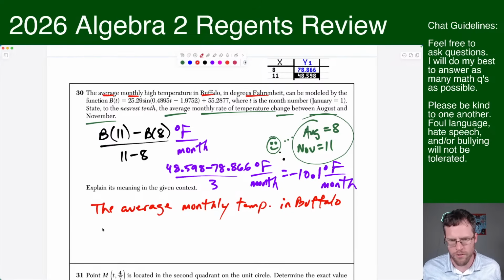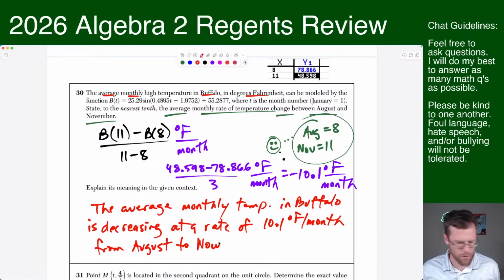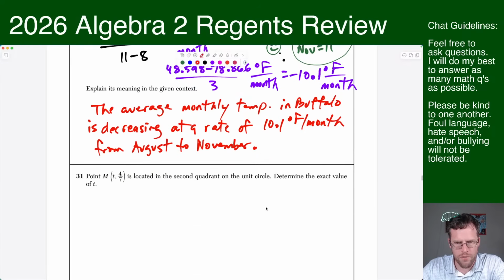So the average monthly temperature in Buffalo is decreasing at a rate of 10.1 degrees Fahrenheit per month from August to November. Okay, which makes sense because we're going from the summer months towards the winter months. So the average monthly temperature in Buffalo is decreasing at a rate of 10.1 degrees Fahrenheit per month from August to November. Okay, so that's what's going on.